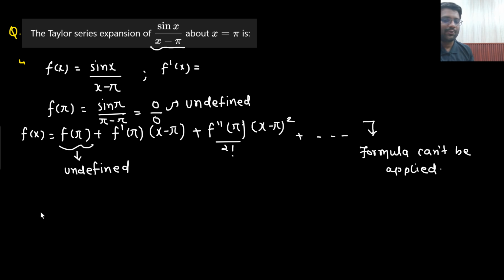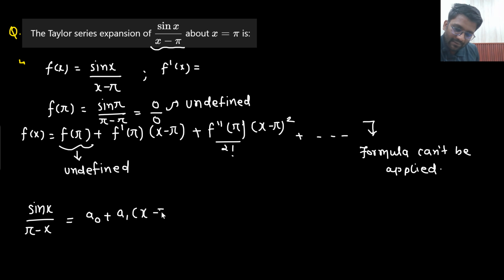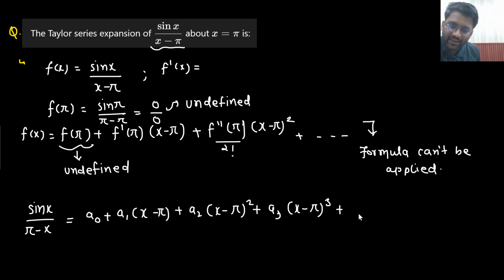So if you cannot apply the formula, what will you have to do? You will have to use your intuition. The target is that whatever function is given has to be replaced with a constant value plus a1 into (x − pi) plus a2 into (x − pi)^2 plus a3 into (x − pi)^3 and so on. In that manner it should be replaced. Now I will think what I can do.